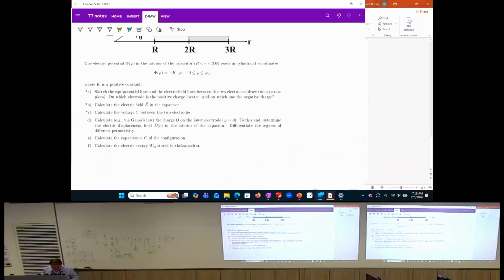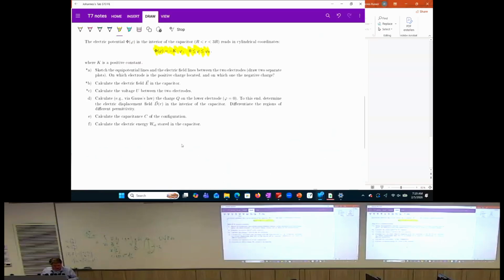The capital Phi is the potential, the small phi is the angle, in the interior of the capacitor. And this is the value for the potential. Now, the first task is to sketch the equipotential lines and the electric field lines between the two electrodes. Draw two separate plots. Okay, let's do that.